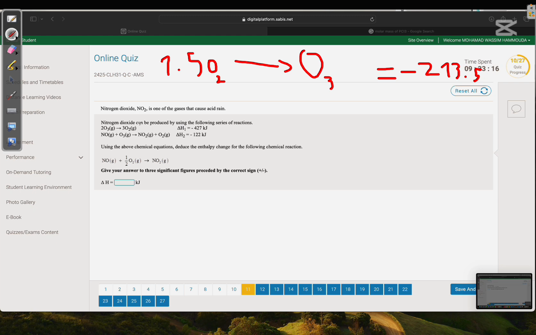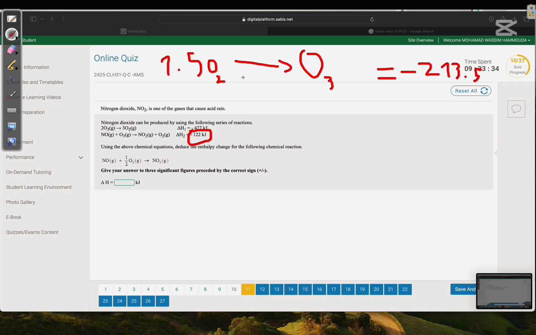And that will allow us to cancel the O3 on both equations. So now we just add the negative 122 and the negative 213, just to be sure.